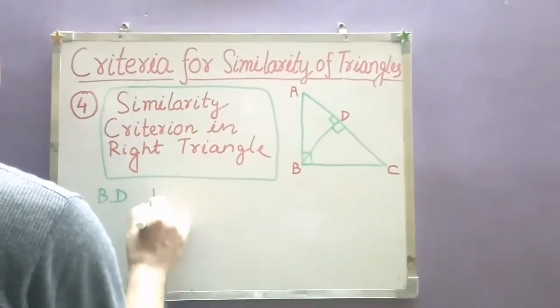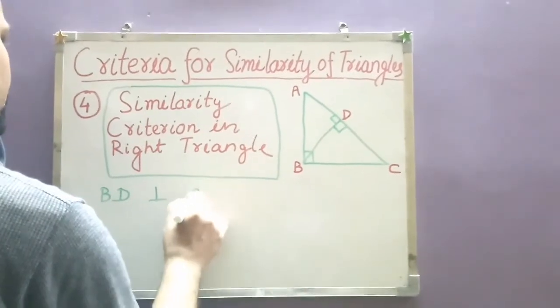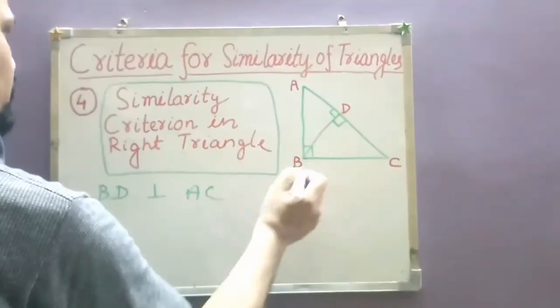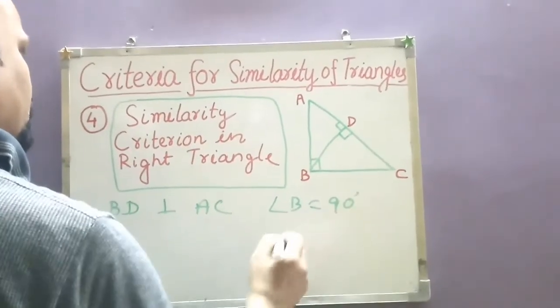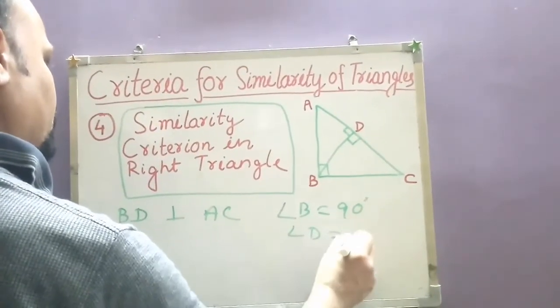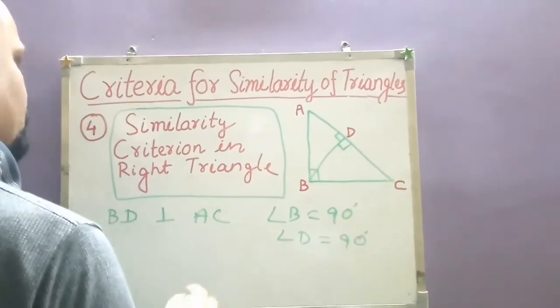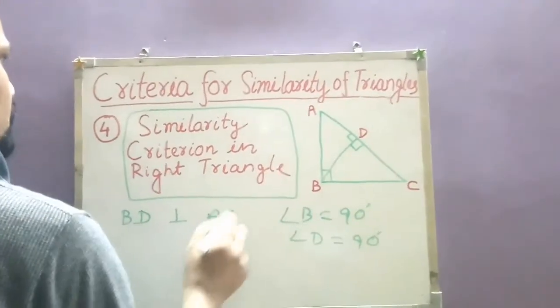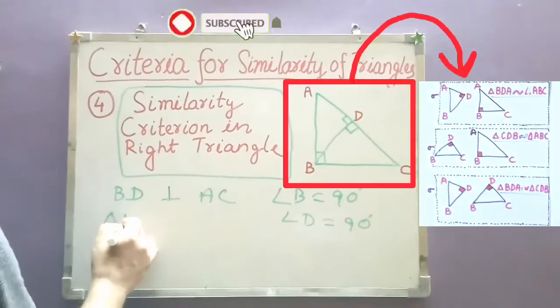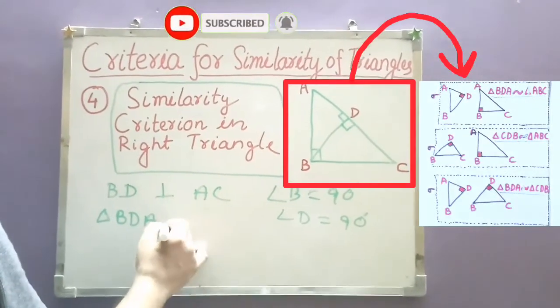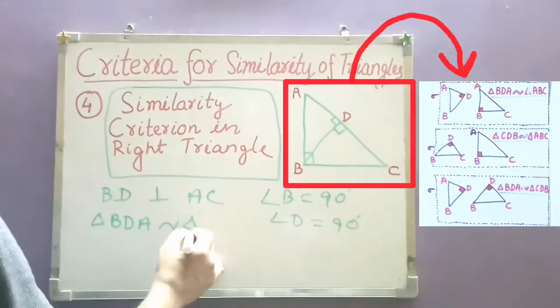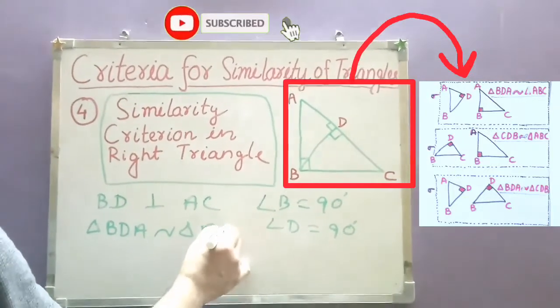Here BD is drawn perpendicular to AC, angle B equal to 90 degrees in triangle ABC, and angle D equal to 90 degrees for both triangles ADB and BDC. Thus, these three pairs of similar triangles are formed. First pair, triangle BDA is similar to triangle ABC.